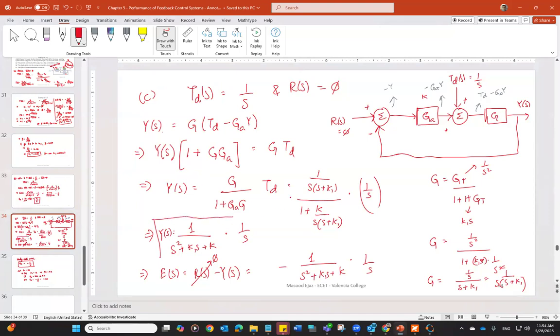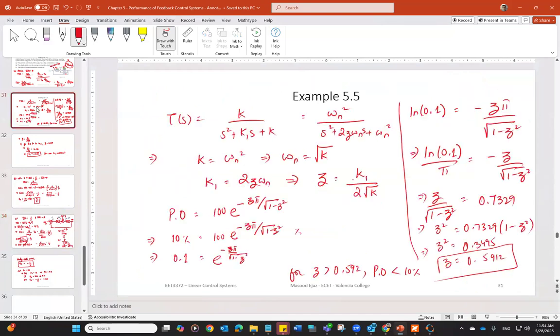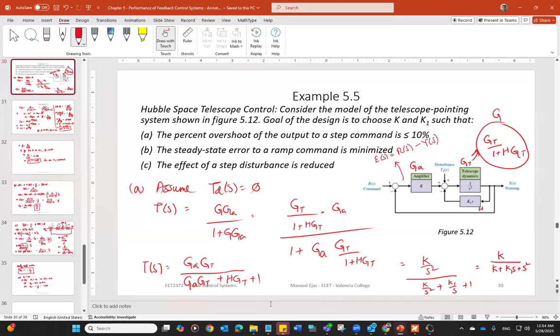Actually, the transfer function is here. Sorry, this is the transfer function. Let's delete this. This is the transfer function. And of course, TDS is your input. So this is YS over TDS. And likewise, from the first one, we have the transfer function, which is right over here.